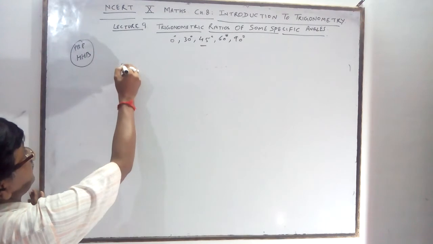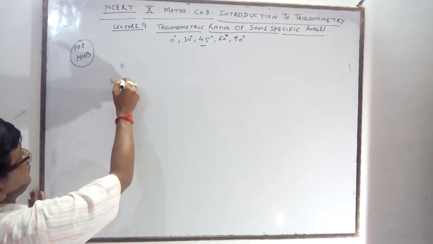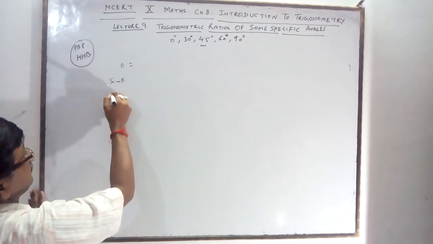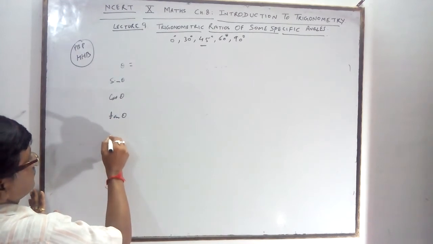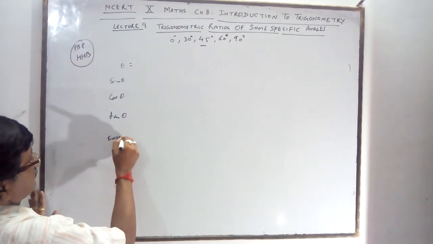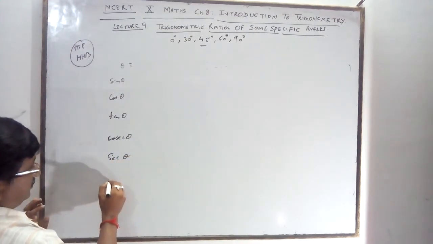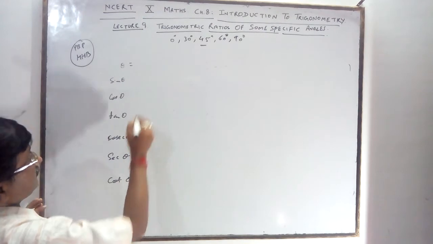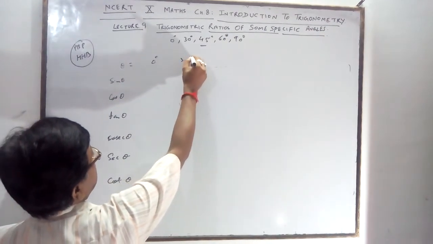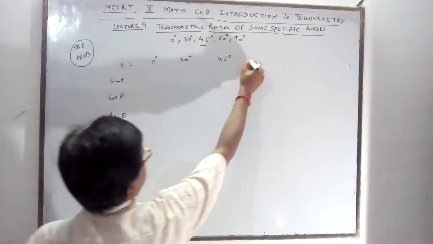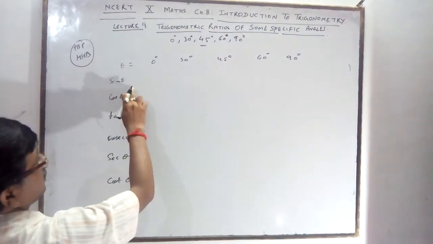If theta is given, you can make the table by this: sin theta, cos theta, tan theta, cosec theta, sec theta and cot theta. This is very simple. What is theta? 0 degrees, 30 degrees, 45 degrees, 60 degrees and 90 degrees. One line you learn only.